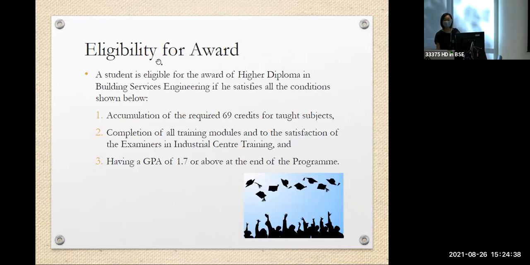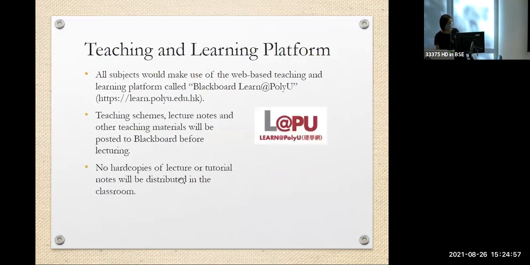Okay, so how to graduate? If you have attained all the credits, so 69 credits plus the 5 training credits, and you have completed all the IC training and the GPA is higher than 1.7, then you are eligible to graduate. Okay.